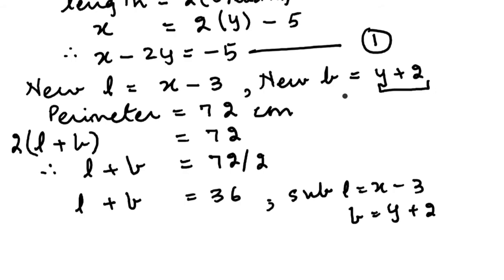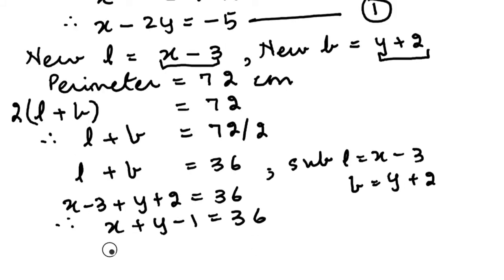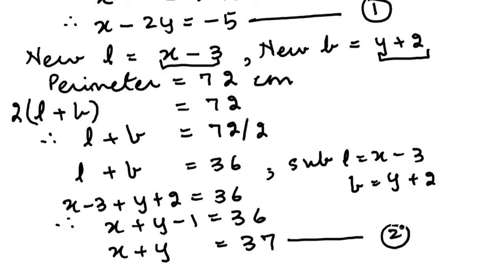So we will have x minus 3 plus y plus 2 is equal to 36. That would give us x plus y minus 1 equal to 36, and that would give us x plus y equal to 36 plus 1, so that is 37, and that is our equation 2.